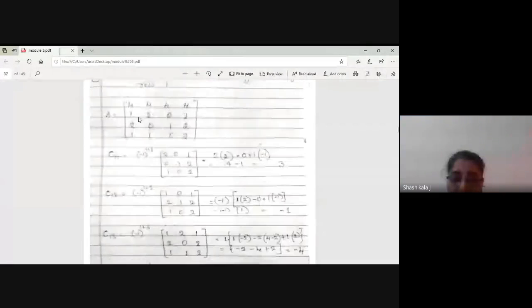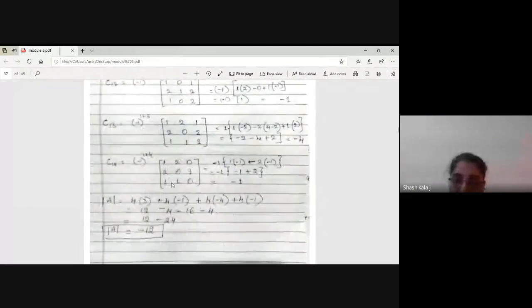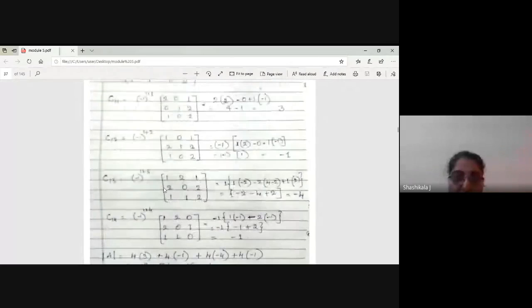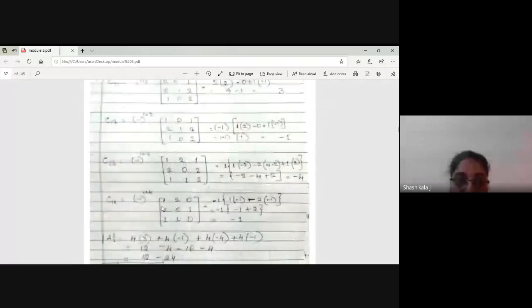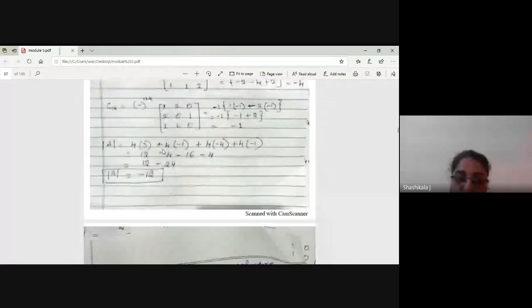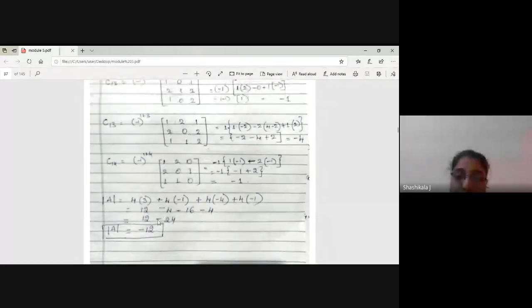Now understood? Now my question is: if the second element is minus 4, then what will you take? Will you take plus 4 or minus 4? Getting my question?